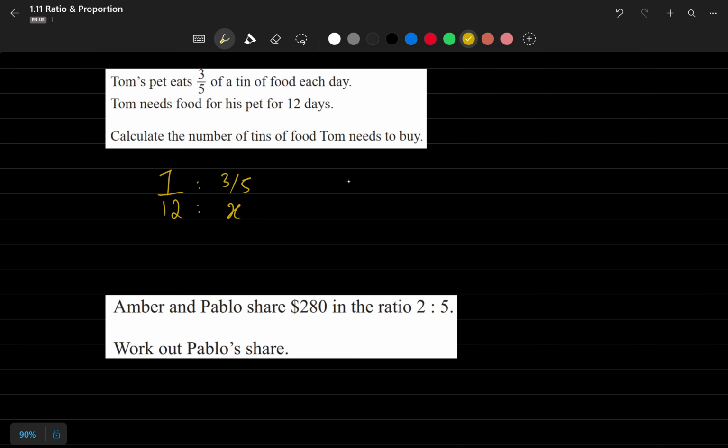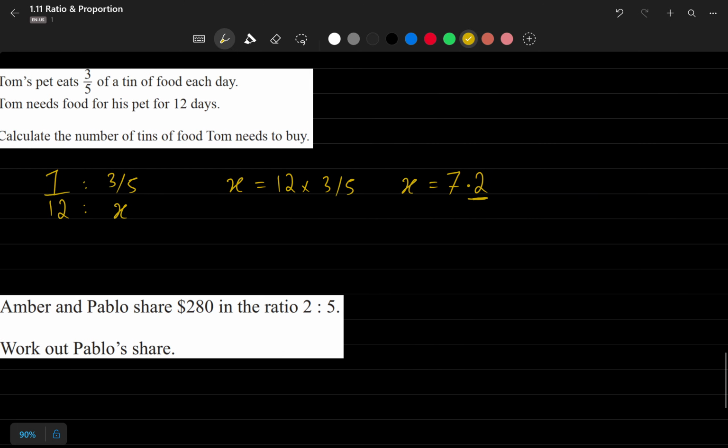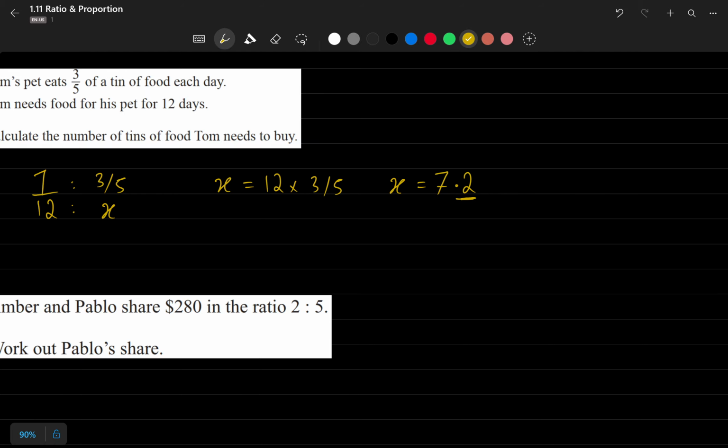We just cross multiply. 1 times x is equal to x, which is equal to 12 times 3 by 5, and the answer of x is equal to 7.2. But we know that 0.2 of a can is impossible to buy, so we just round up the figure, which is equal to 8.